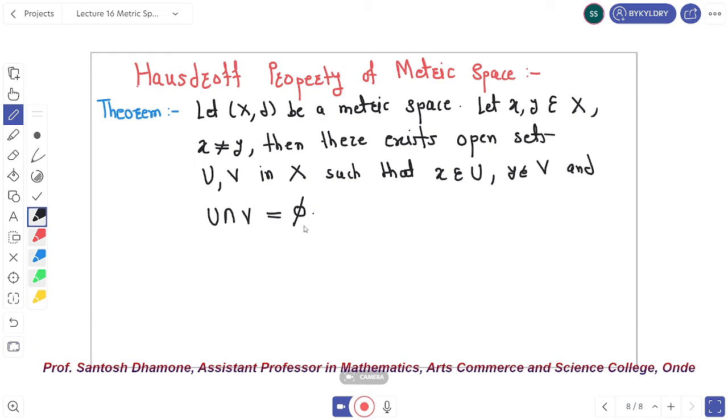U and V are open balls in metric space X, therefore by theorem U and V are open sets in X.